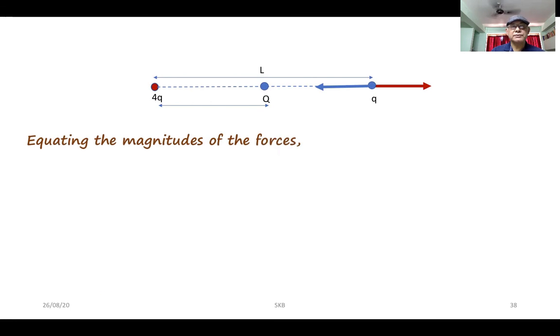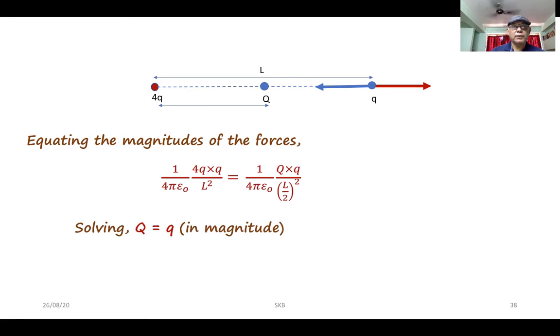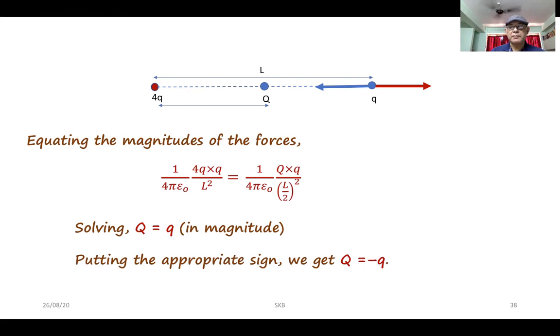Equating the magnitudes of the forces, solving, we get capital Q equal to q in magnitude. Putting the appropriate sign, we get capital Q equal to minus q.